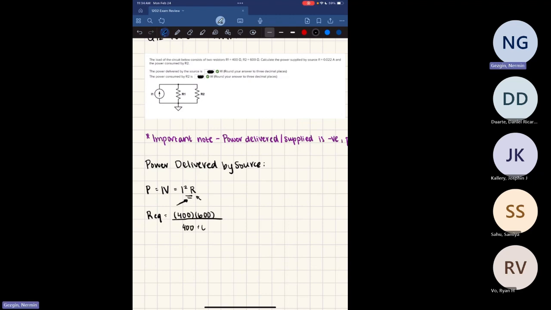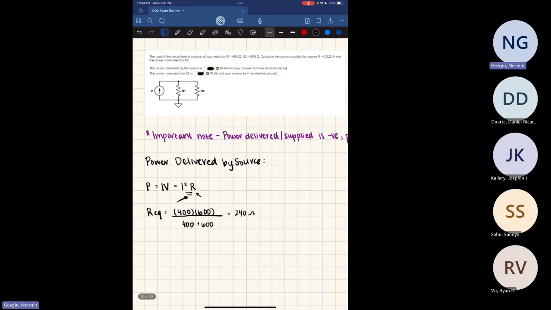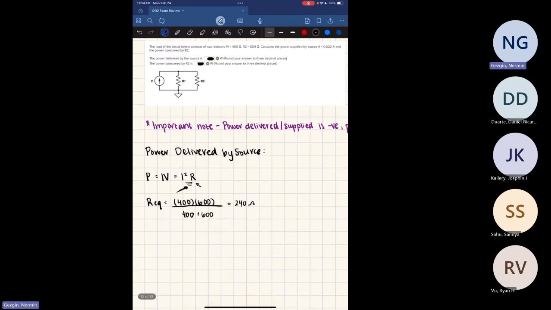Because like I said, I think this is easier to do on the exam with your calculator because it's more foolproof. So this would equal 240 ohms for your equivalent resistance. So we just combined R1 and R2 in parallel. So we did 400 times 600 over 400 plus 600, which gives you this value here.